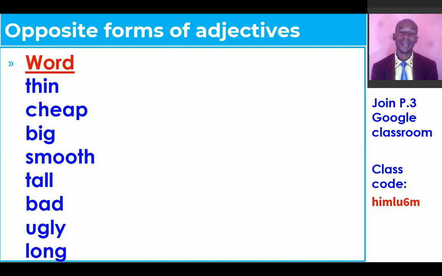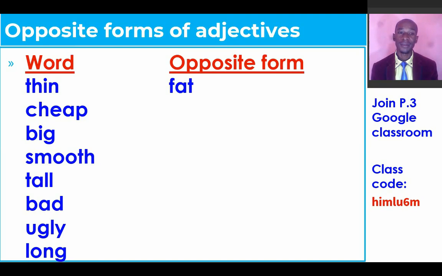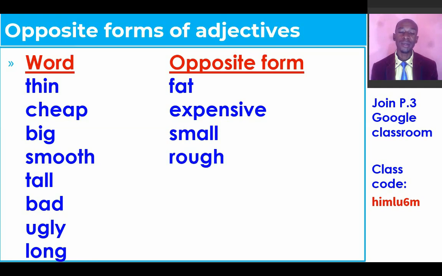Then we need to get the opposite forms of these adjectives. So opposite forms can be written this side. Where we have thin, what is the opposite of thin? That is fat. The opposite of cheap is expensive. The opposite of big is small. The opposite of smooth is rough.